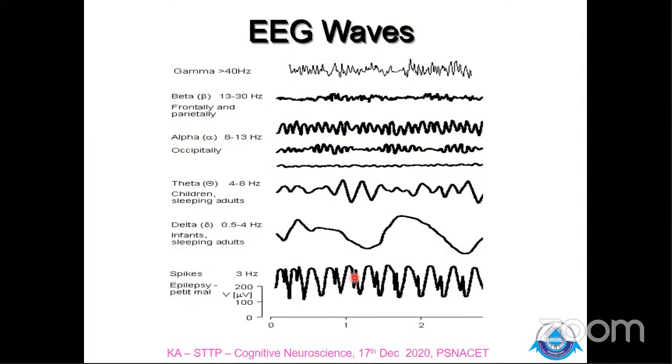Whenever we talk about the EEG signal, there are 5 rhythms that play a role. Moving from lower frequency to higher frequency, they start with delta, then theta, alpha, beta, gamma.